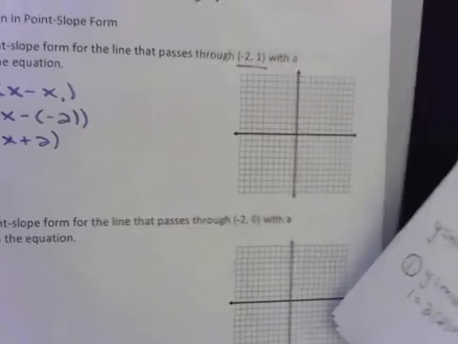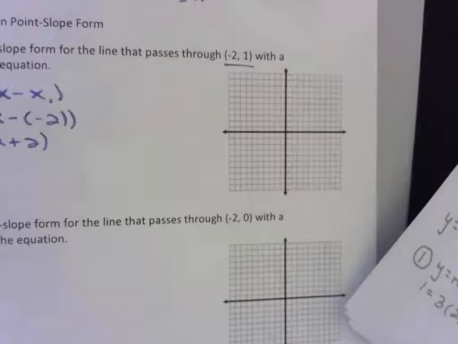Now let's graph this. How do I graph this line if I give you the point of negative 2, 1 and a slope of negative 6? Oh my gosh, you dropped it on. How do I graph this line if I tell you it goes through the point negative 2, 1 and has a slope of negative 6?